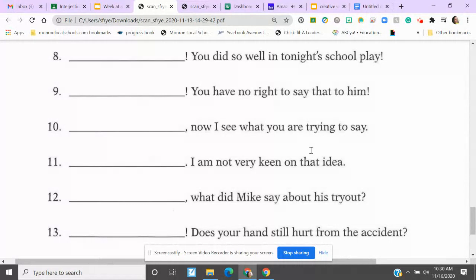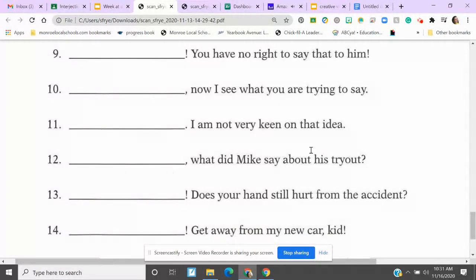Okay. Number 9. Yeehaw, that does not work. You have no right to say that to him. Stop right there. Good job. Number 10.